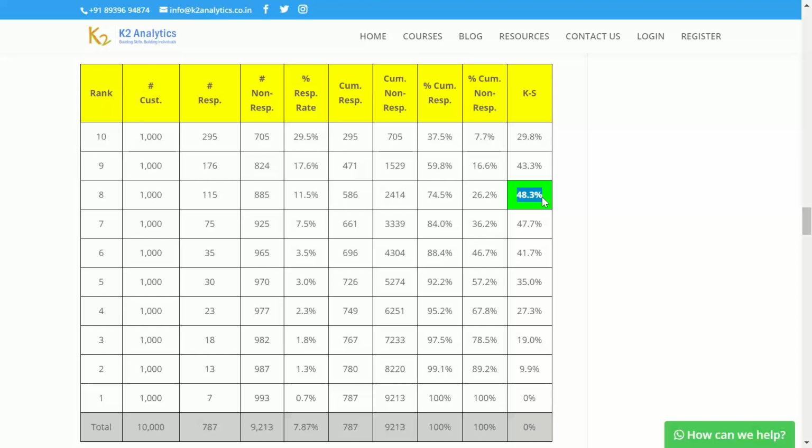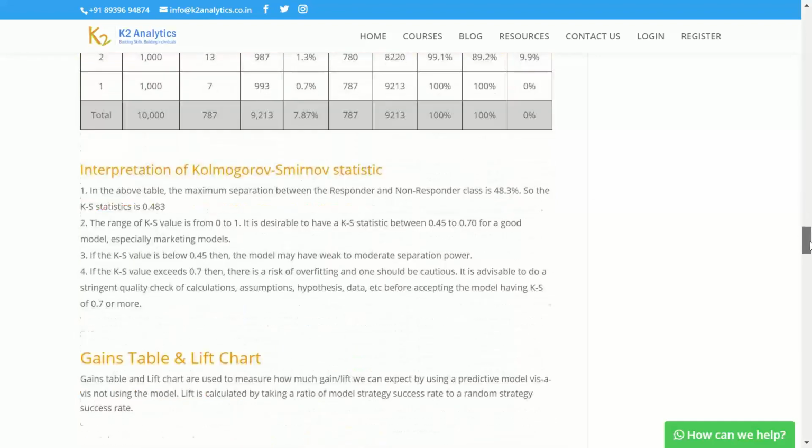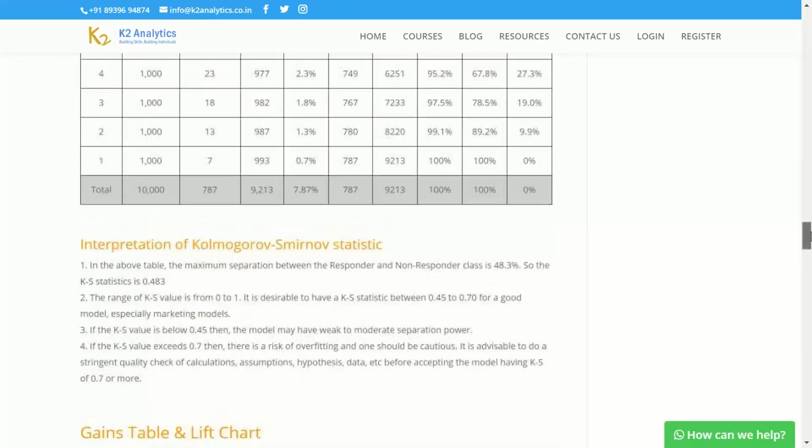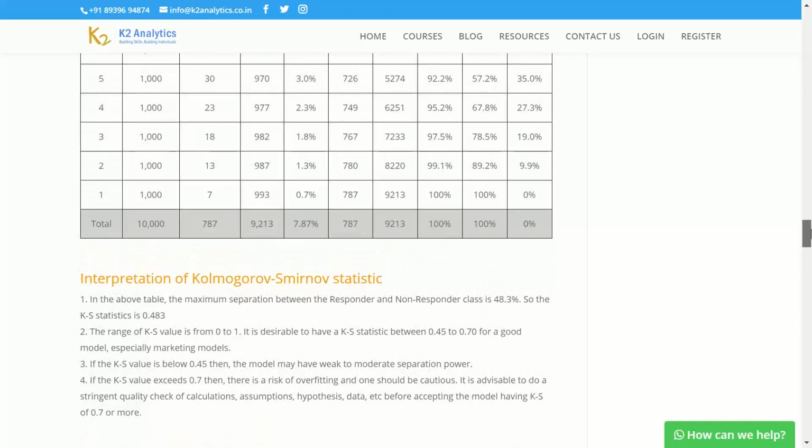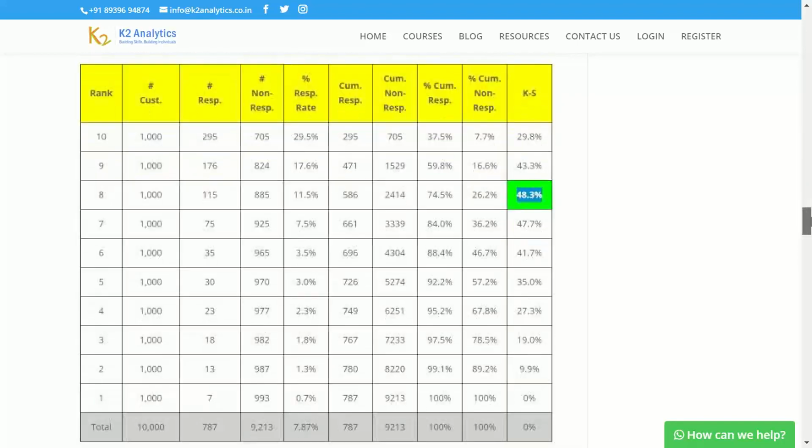KS is the point of maximum separation between the response segment and the non-response segment. Visually, let me try to explain what I am trying to say, the point of maximum separation. I don't have a visual chart here, so I'll create the visual chart on the empty space which is available.